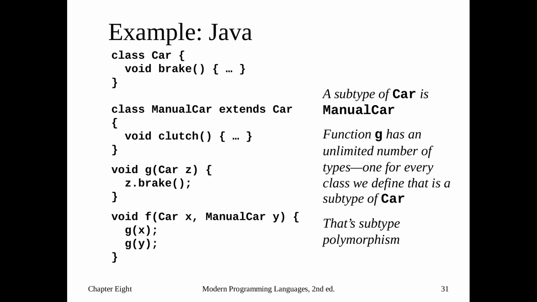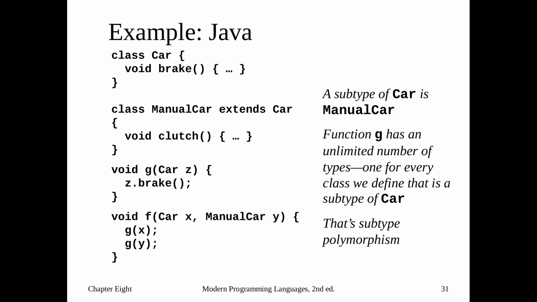And so we create a method G that takes in a Car Z, and it calls the known method brake, which is inherited by all the classes that are subtypes of Car and is available in Car itself, right?